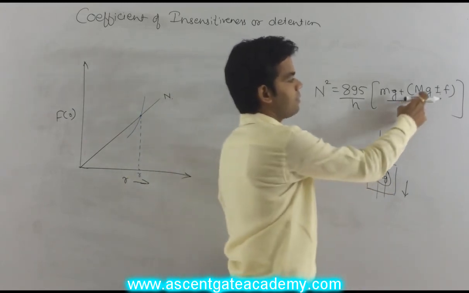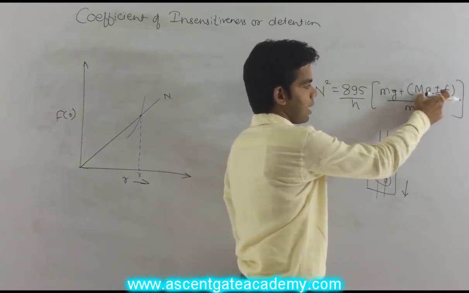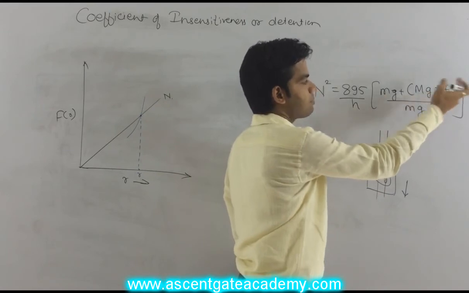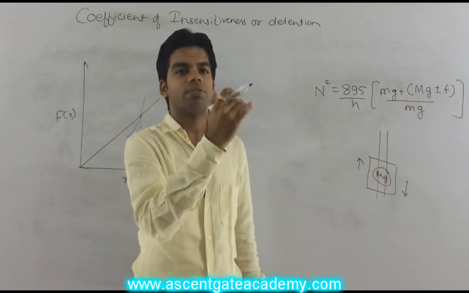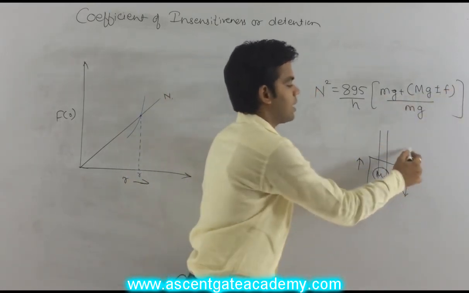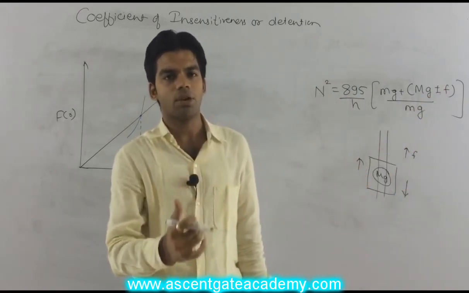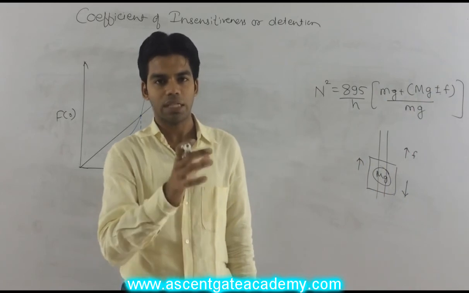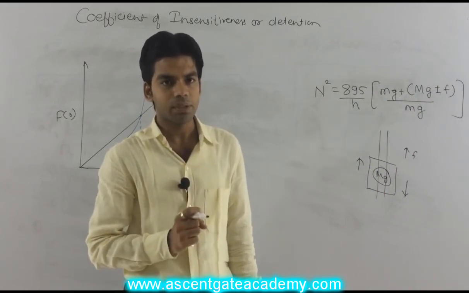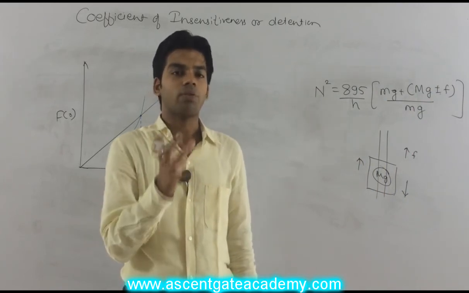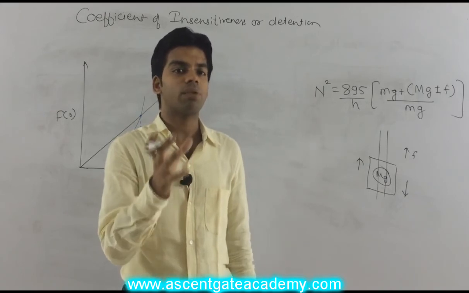Okay, so if the sleeve is moving up, this term will be mg plus f, and if the sleeve is moving down, the friction will act upward, and this will be mg minus f, because mg obviously is acting downward, the weight of the center weight. Clear or not?